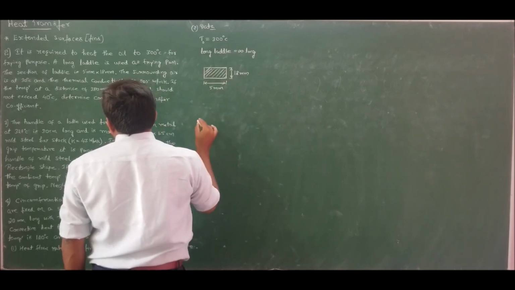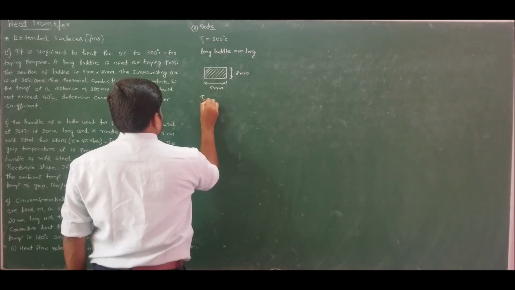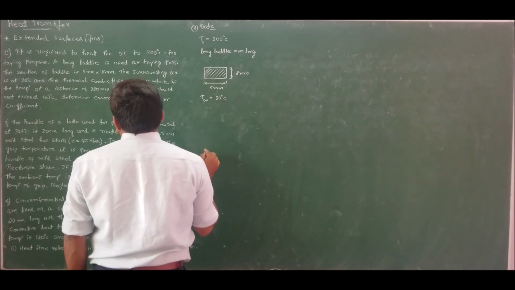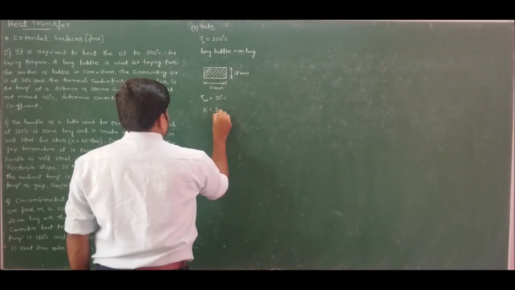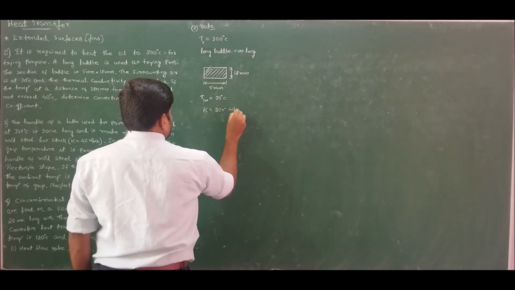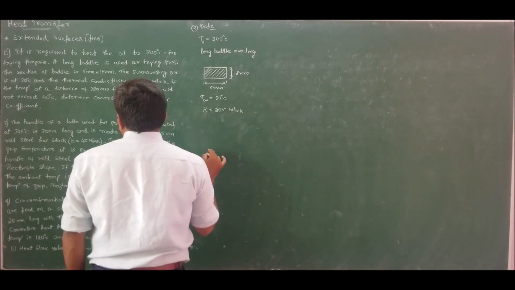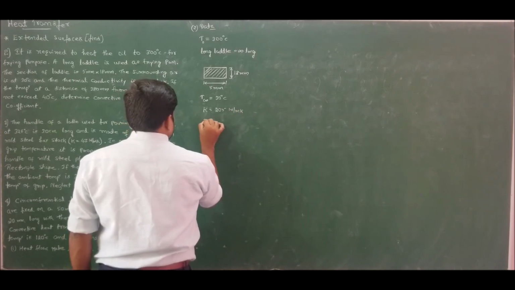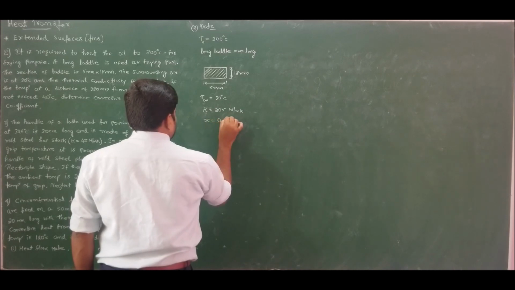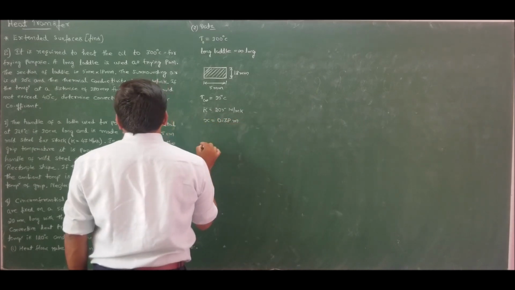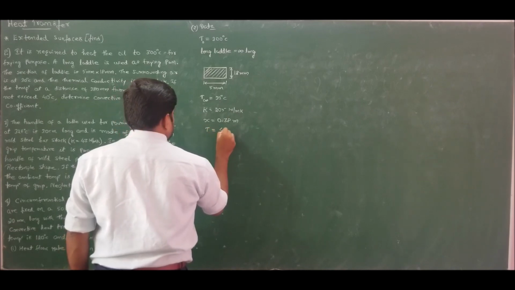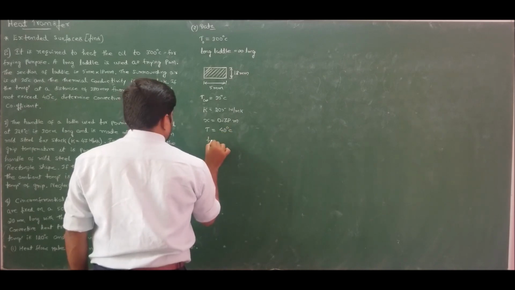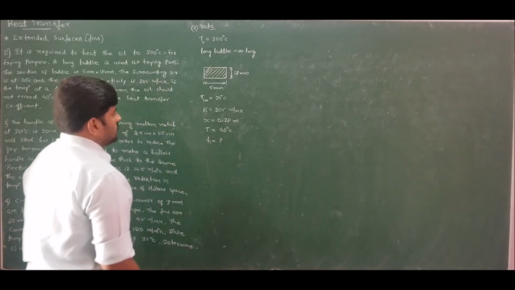The surrounding air is at 30 degrees Celsius, that is T infinity is 30 degrees Celsius, and thermal conductivity is 205 watt per meter Kelvin. If the temperature at a distance of 380 mm, x is equal to 0.38 meters, the temperature is specified as 40 degrees Celsius. Determine convective heat transfer coefficient. So this is what he has asked.